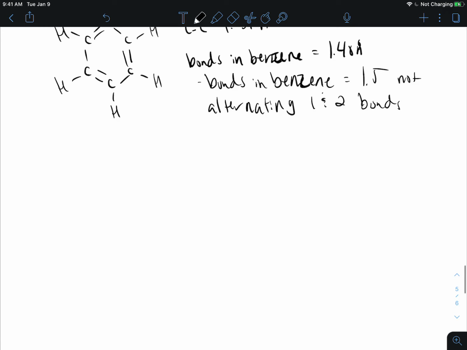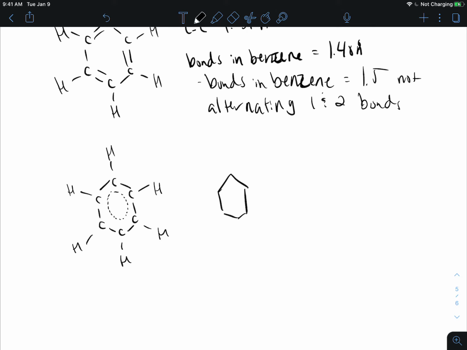So our resonance hybrid looks like this. A lot of times you'll see it drawn like this, just to simplify, getting rid of all of the atoms.